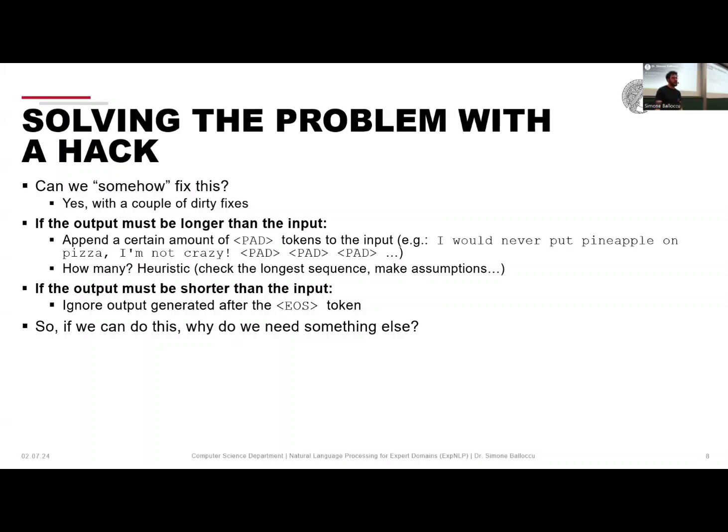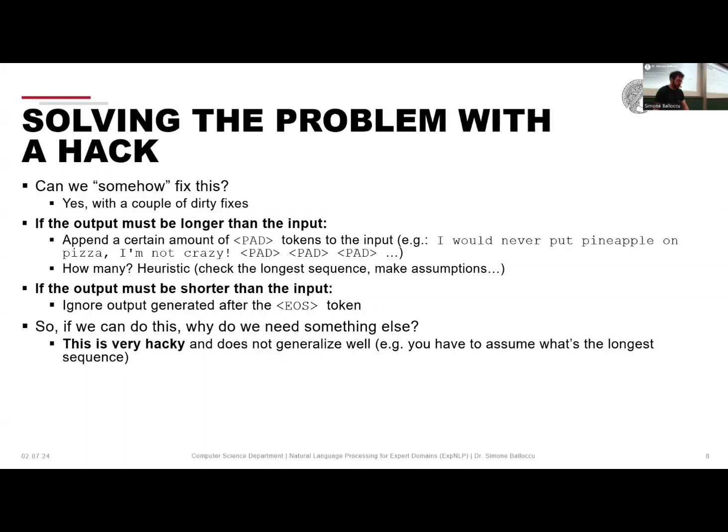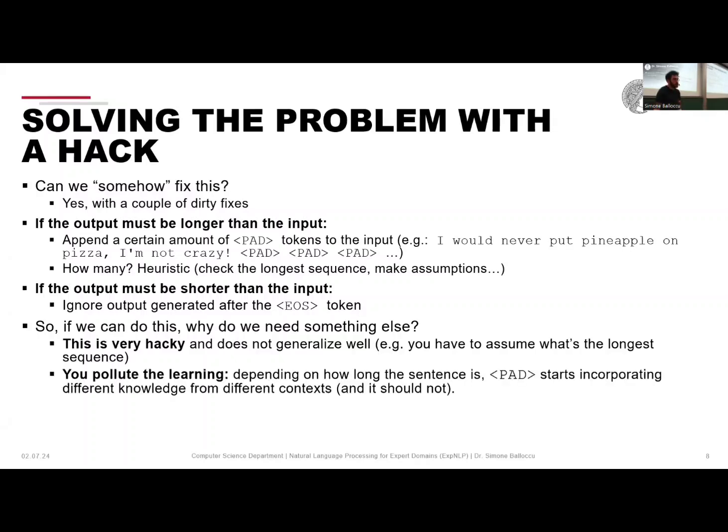So when we produce something like "I'm not so well," it will understand that there's an end of sequence there. Another problem is that this does not generalize well. You have to assume the longest sequence. So even then, you could find a longer one and have to retrain from scratch. But also you're polluting the learning of the network, because in theory, we want the network to learn meaningful linguistic patterns. But sometimes there are 2 pads after the end of sequence, sometimes 1,000 pads, sometimes 5.